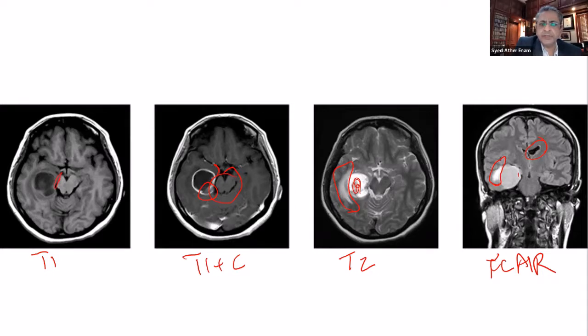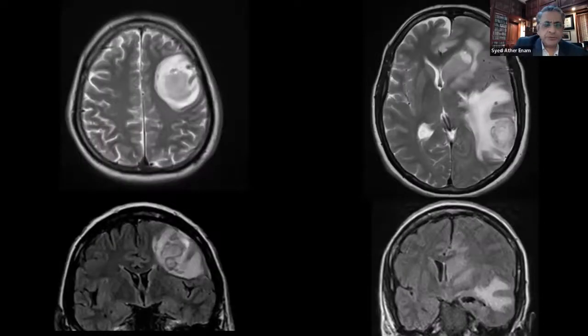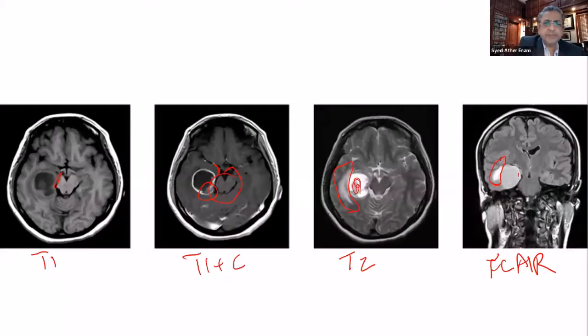And in this image you can see that there's a significant mass effect on the ventricles also, although there is no midline shift so much over here. But then as you come down here, there seems to be a little midline shift. So these are the things that you want to notice and move forward, right? So this was a GBM, and I'll talk a little more about it later on.